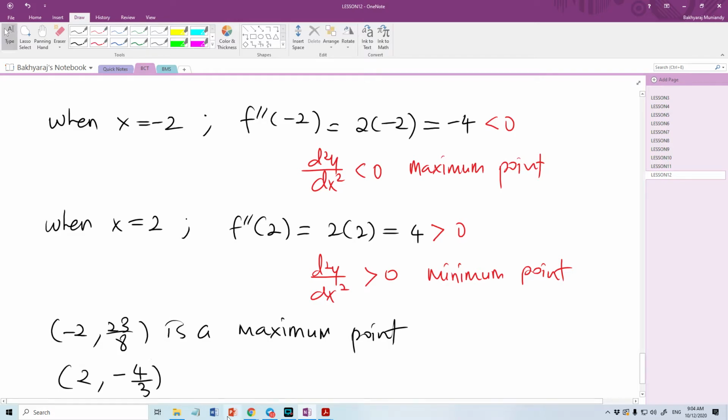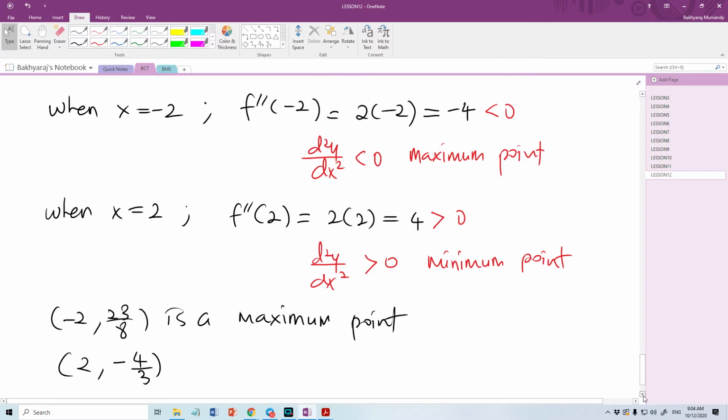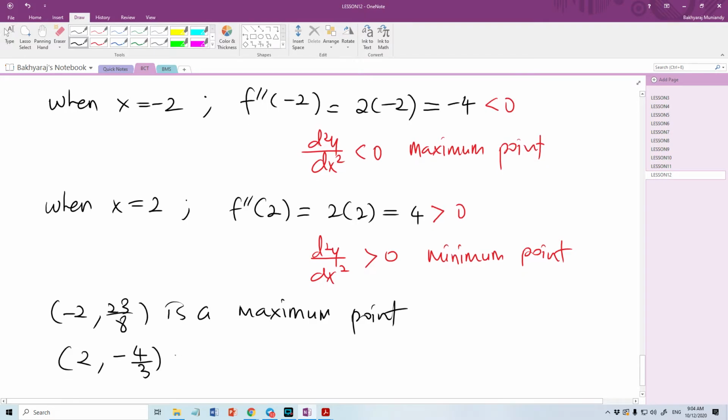Negative 4 over 3 is a minimum point. Okay, so inilah last answer saya. So (-2, 28/3) is a maximum point, and the coordinate (2, -4/3) is a minimum point. So this is the final conclusion that I must give.